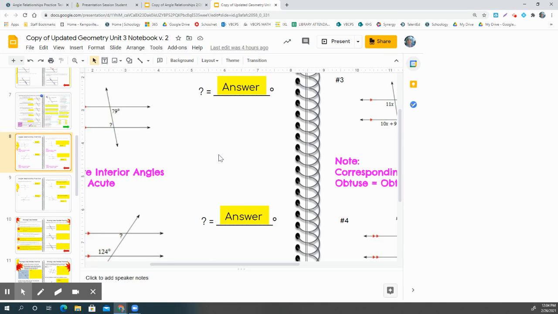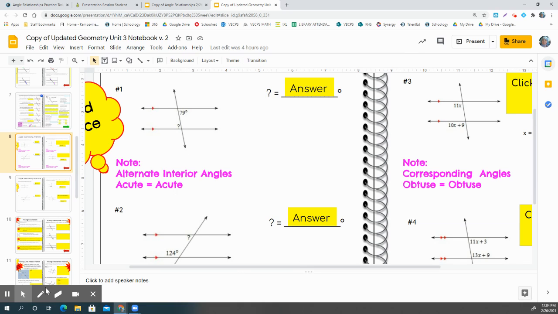There we go. Sorry, technical difficulties. So if I know this angle is 79, what's that question mark? I've got my transversal. My drawing's starting to get very cluttered. And I've got some parallel lines. What's this question mark right here? 79. How do I know that?